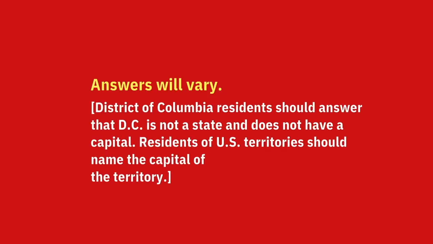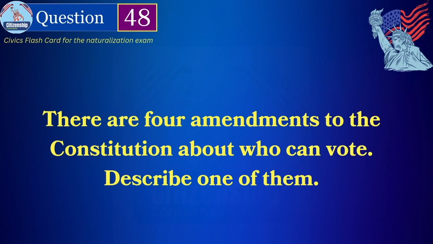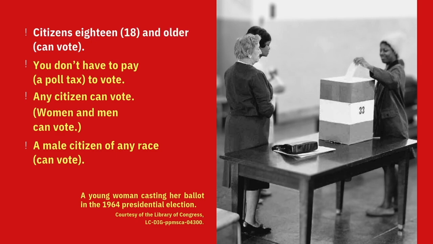Answers will vary. There are 4 amendments to the Constitution about who can vote. Describe one of them. Citizens 18 and older can vote.